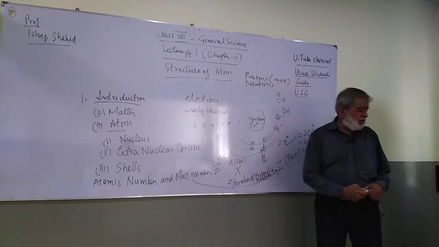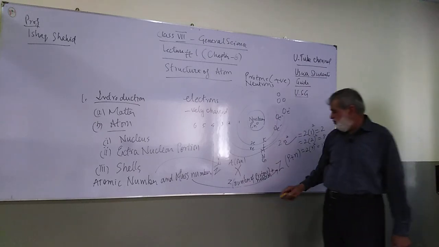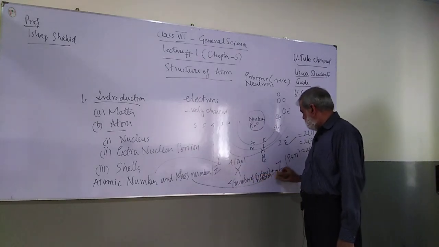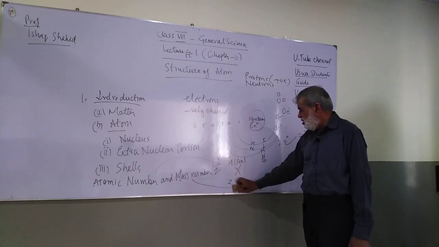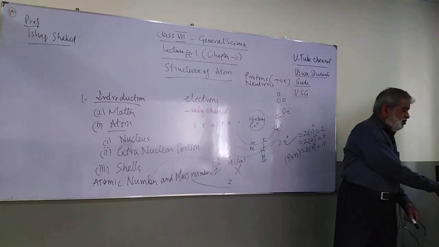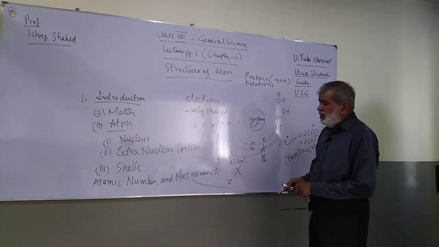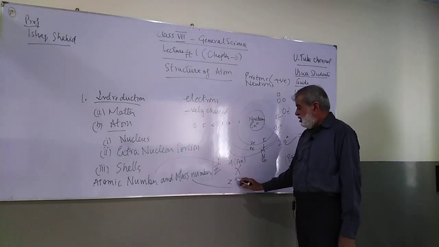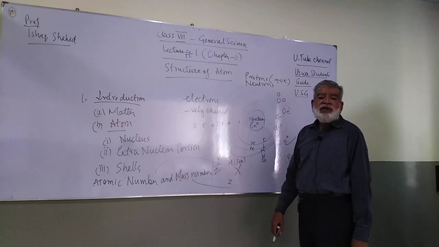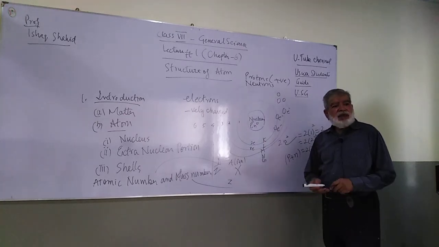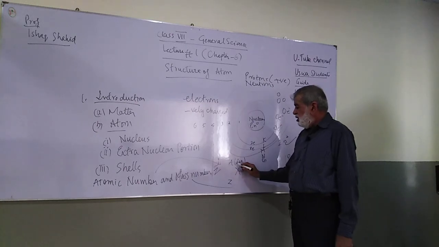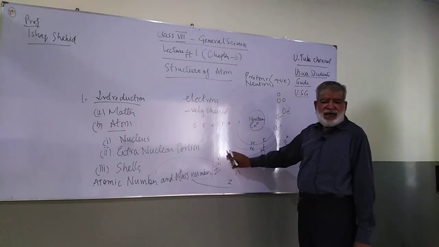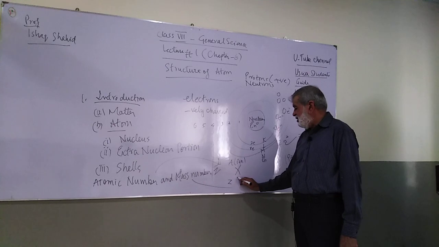Atomic number is the number of protons, and mass number is the number of protons and neutrons. So A is the mass number, and Z is the atomic number.